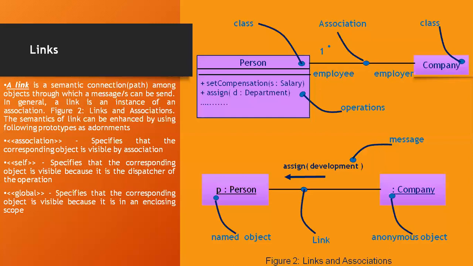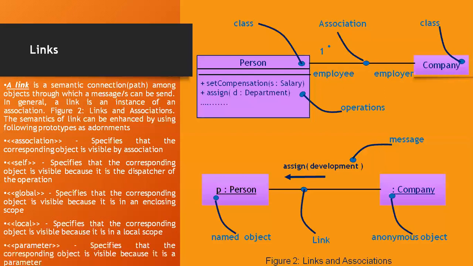The fourth one is local, which specifies that the corresponding object is visible because it is in a local scope. And the fifth one is parameter, which specifies that the corresponding object is visible because it is a parameter.